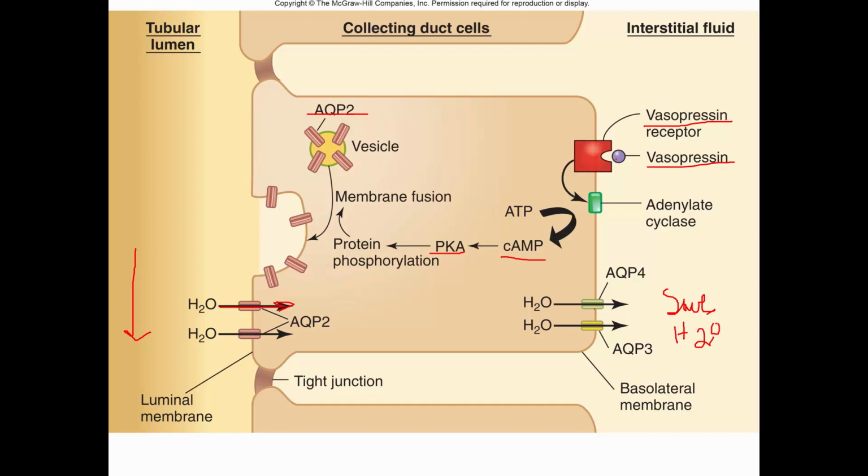Now, does ADH mean you don't have to drink water? No. You have to make some urine with some water in it. So everybody has something called an obligate water loss. What in the heck does that mean?